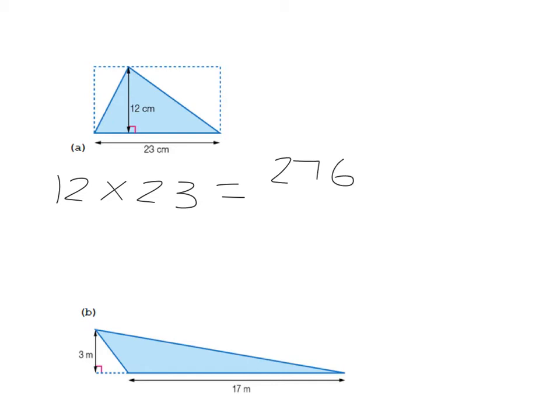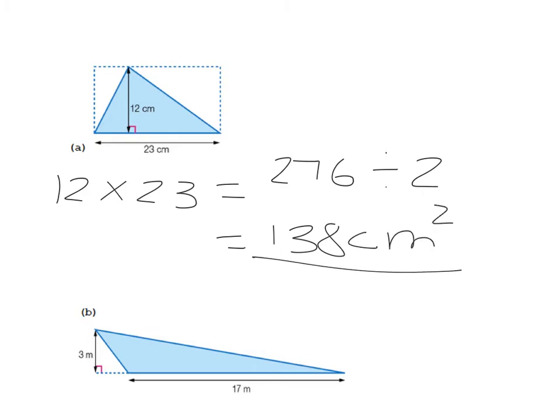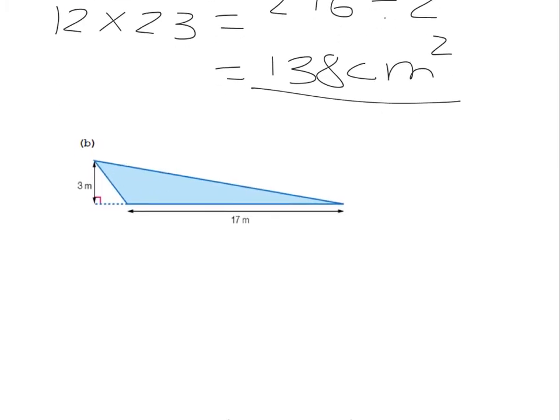Now, because it's a triangle, what do we have to do? We have to divide it by 2. And remember, guys, I want to see this working out. So we go 276 divided by 2, and we get 138. What is it? Centimeters squared. That's our answer.